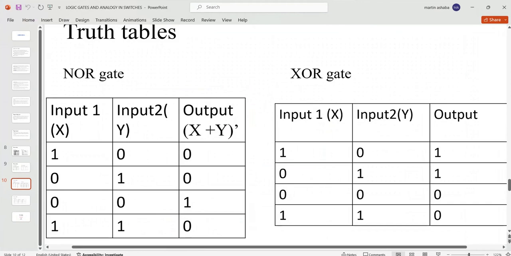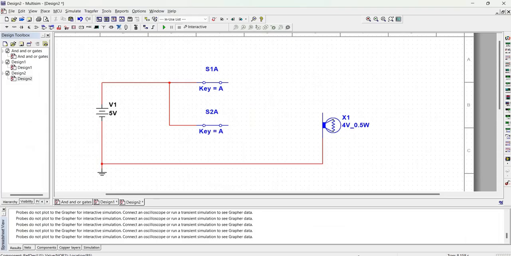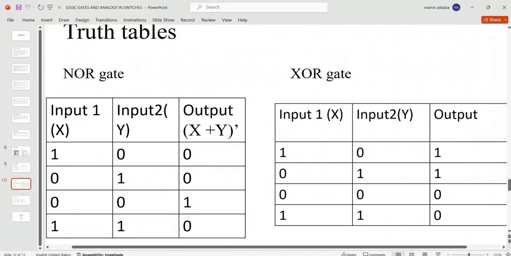Let's right away go to the exclusive OR gate. The exclusive OR gate works like this. It always outputs a high state when in one of the inputs there is a low and there is a high in the other input.